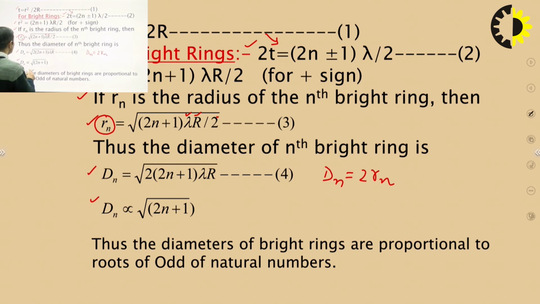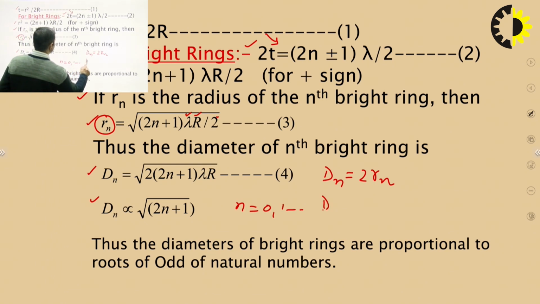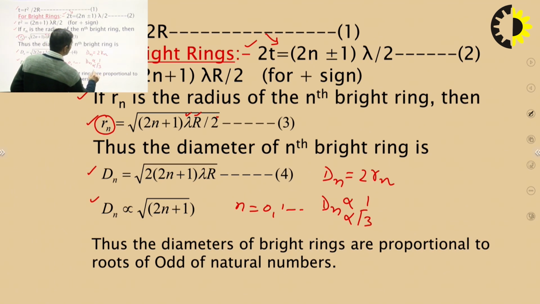Now if we put n equal to 0, 1, 2, 3 and so on, then for n equal to 0 it is proportional to root 1, for n equal to 1 it is proportional to root 3, similarly root 5 and so on. That means the diameters of bright rings are proportional to the roots of odd natural numbers.